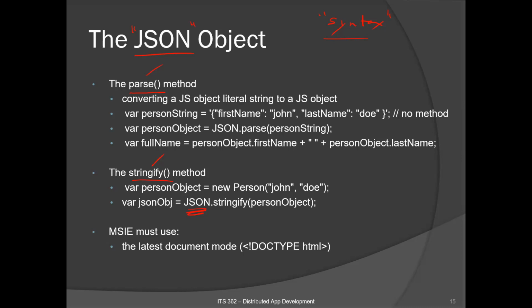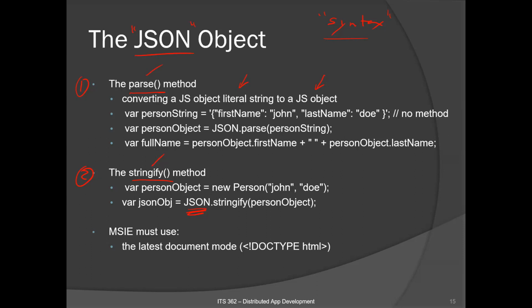So the two functions that you probably want to take a look at are going to be parse and stringify. So just to provide a formal definition here, the parse method is basically about converting a JavaScript object literal, which is not a string, just keep that in mind, to a JSON object, right?